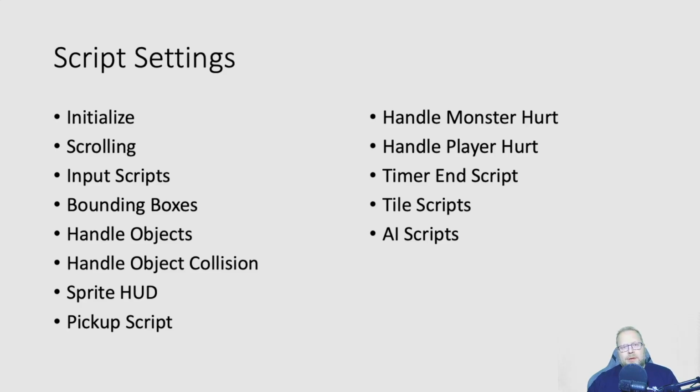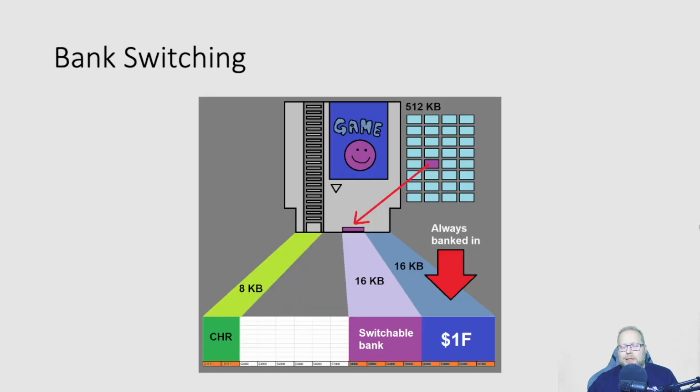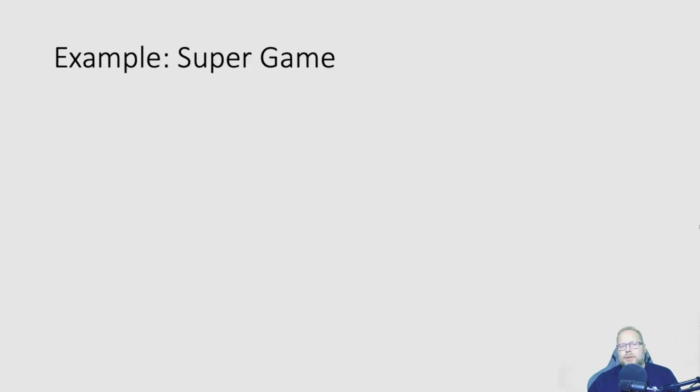But we're also going to be quickly talking about bank switching. Bank switching is a very big topic, so we're just going to briefly look at it today. And we're going to be looking at an example game that I made. I made two different versions of this game.